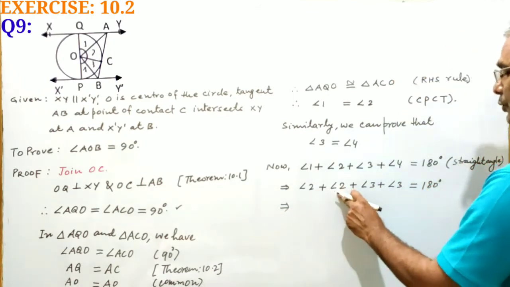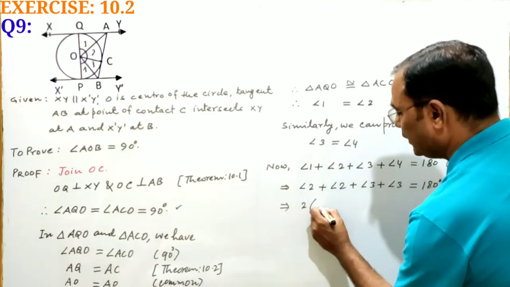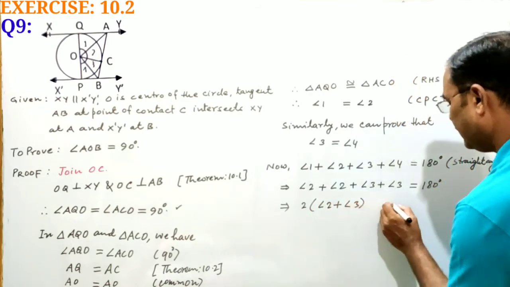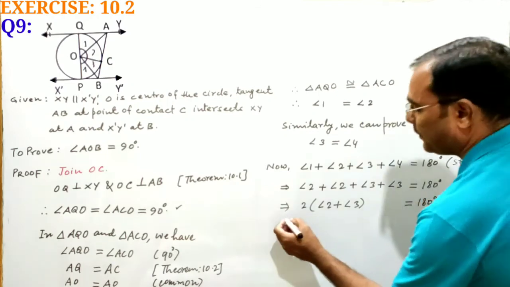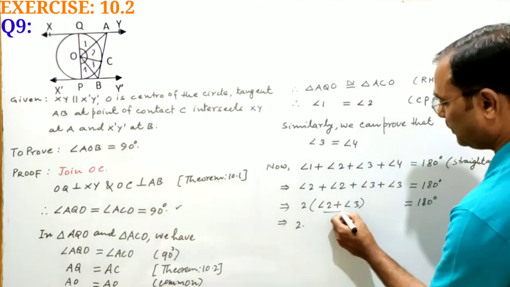Angle 2 two times, angle 3 also two times, so we can write 2 into angle 2 plus angle 3 is equal to 180 degrees.